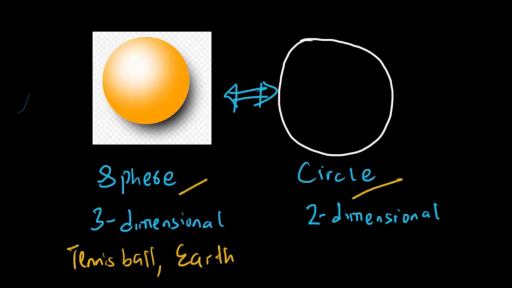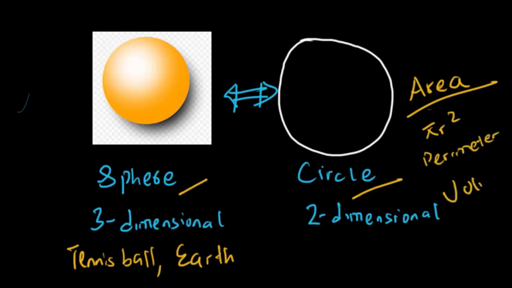And let me mention here that because a circle is two-dimensional, we can only calculate the area of a circle. And the area of a circle is pi r square. Obviously, we can also calculate the perimeter of the circle. But we cannot calculate the volume of a circle because a circle cannot contain substance.